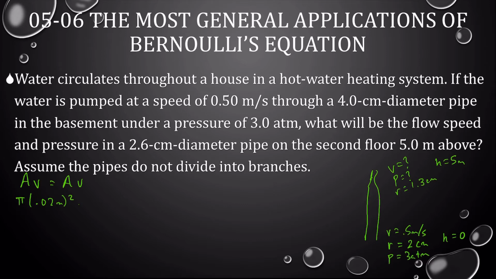That's the area, and then the speed at the bottom was 0.5 meters per second. At the top, our area is pi times its radius squared times its speed. So divide, and you get the speed at the top is 1.183 meters per second.